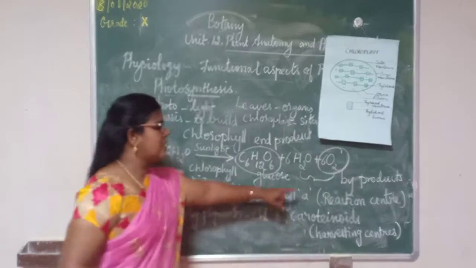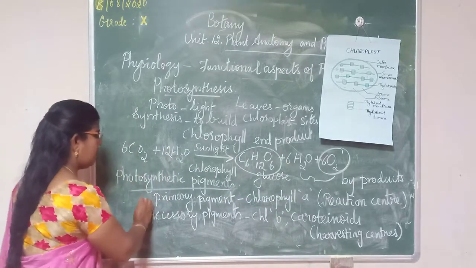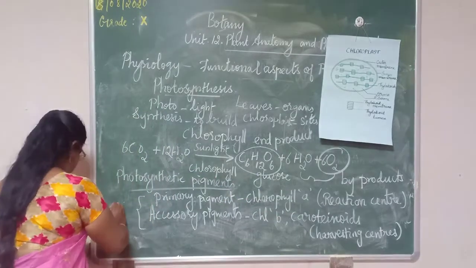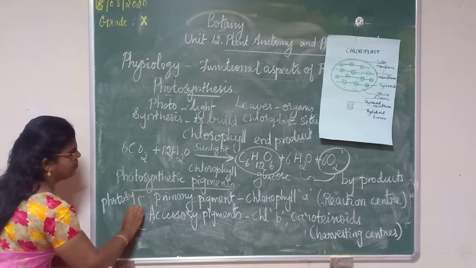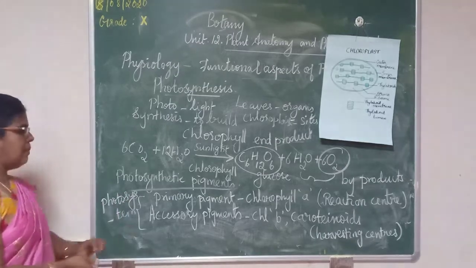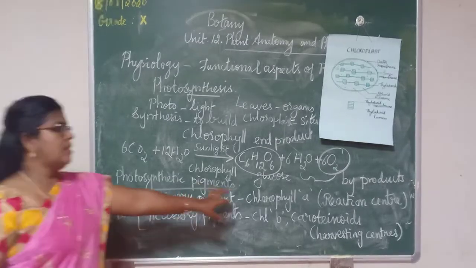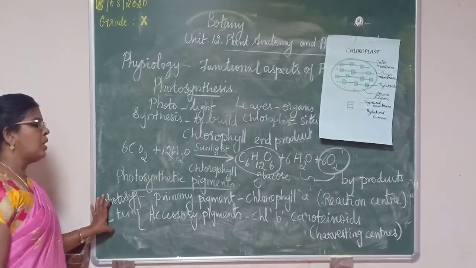So the reaction center and harvesting centers together are called a photosystem.